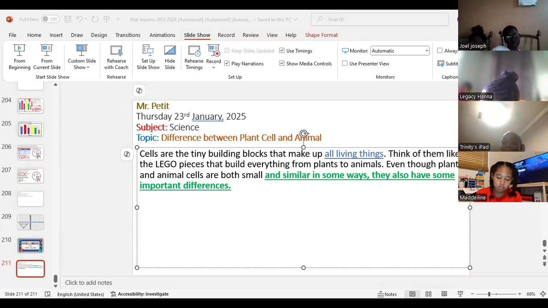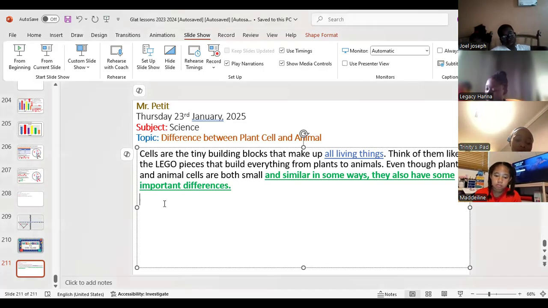Okay, good. All right, so next we need the similarities between plants and animals. Both plants and animals have what we call a cell membrane, right? That's the first thing.